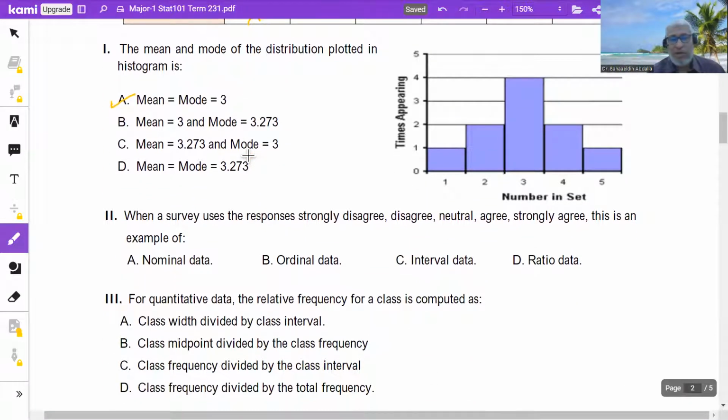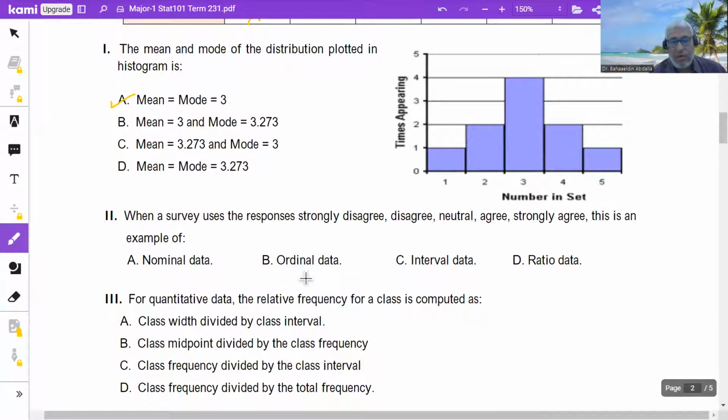Second question, when a survey uses the responses strongly disagree, disagree, neutral, agree, strongly agree, this is an example of nominal and ordinal data when we don't have numbers, interval and ratio when we have numbers. Here, strongly disagree, disagree, these are not numbers.